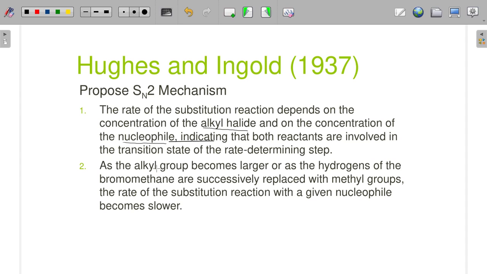And as the alkyl group becomes larger, or as the hydrogens of the bromomethane are successively replaced by methyls, so that's from primary up to tertiary, the rate of the substitution with the nucleophile goes down.